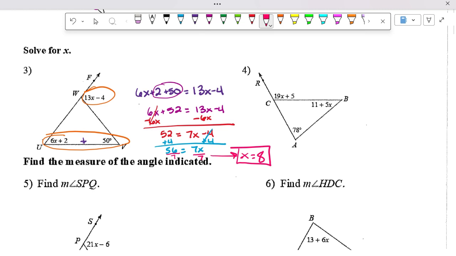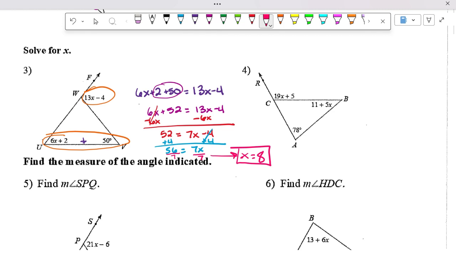Now, if you have any doubt in your mind that you did something wrong, my suggestion is plug it back into for both x's, all right, and then see if when you add up these two expressions, it'll add to whatever this number is. So for example, 6 times 8 is 48, plus 2 is 50. 50 plus 50 is 100.